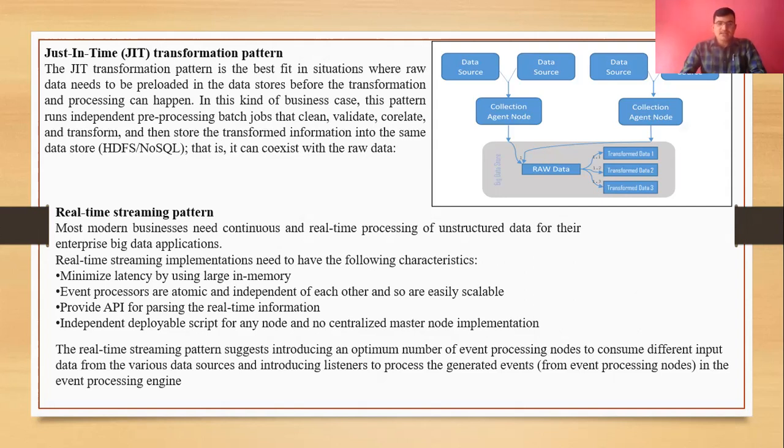The real-time pattern streams suggest introducing an optimum number of event processing nodes to consume different input data from the various data sources, and introducing listeners to process the generated events from event processing nodes into the event processing engine.